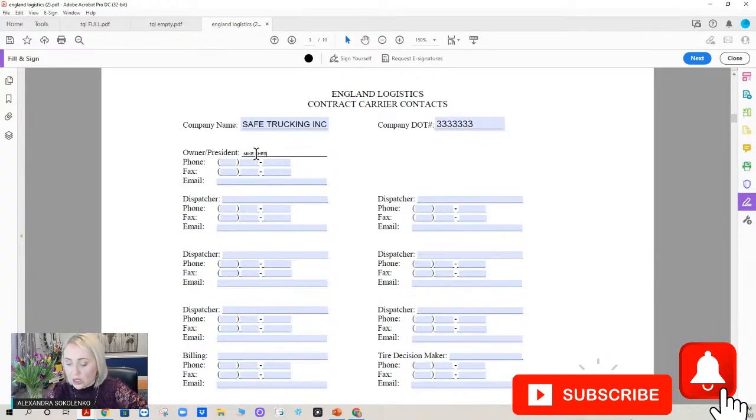Mike Chester in this case. All the phone information for whom? For carrier. Fax information for carrier. Email address for carrier, right? Let's say safetrucking at gmail.com, right? Guys, I'm not going to go through this because it's very easy.